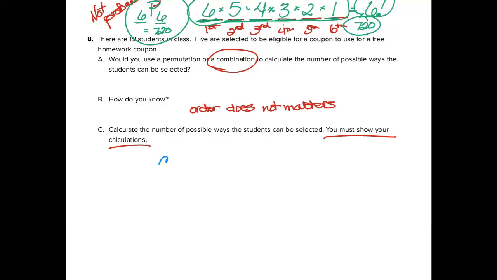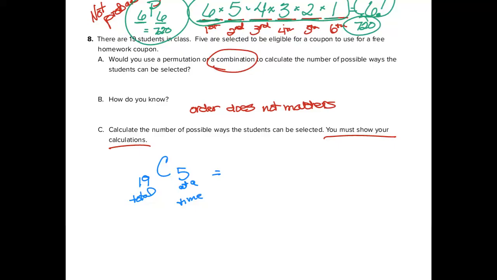So if it is a combination, we have a total of, not 15, 19 students. And of those 19, we were interested at 5 at a time. Now, if you do this on your calculator, you're going to get an answer. I will show you how to do the calculations now. It really is not that hard.